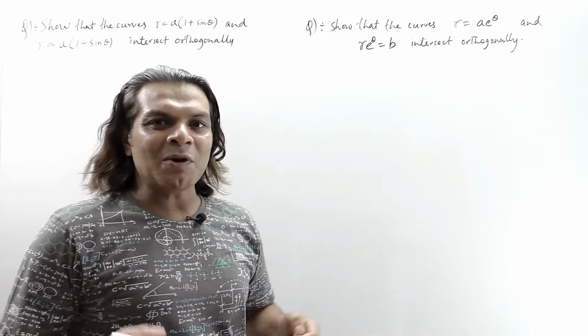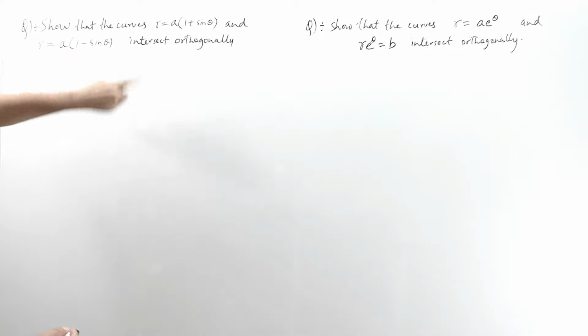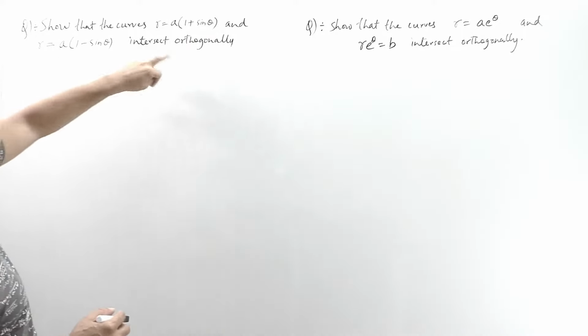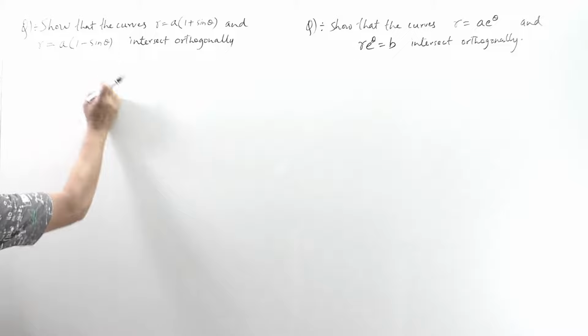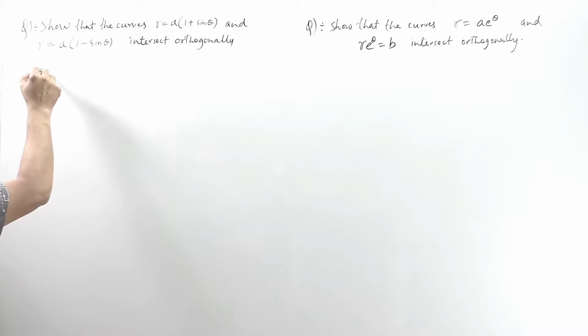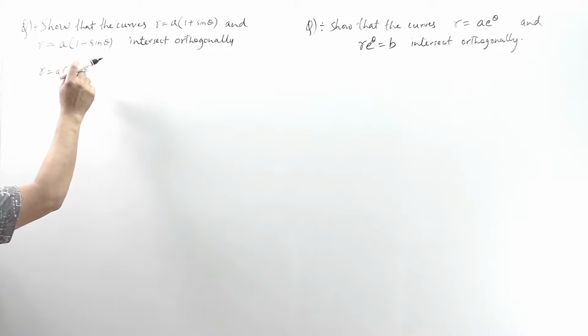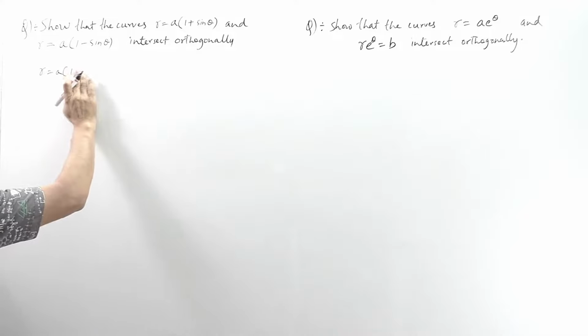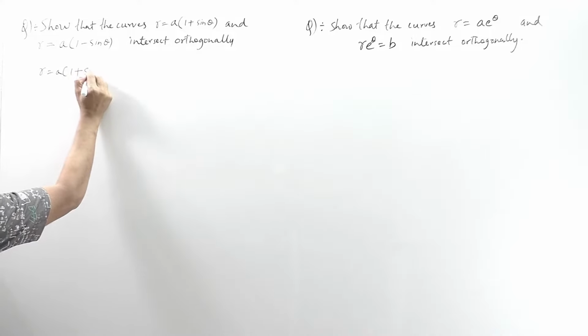So moving on to the next problem, we have: show that the curves r is equal to a into 1 plus sine theta and r is equal to a into 1 minus sine theta intersect orthogonally. So we apply the same technique here. First, r is equal to a into 1 plus sine theta.